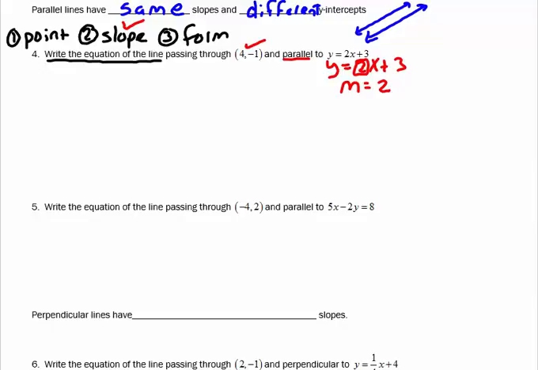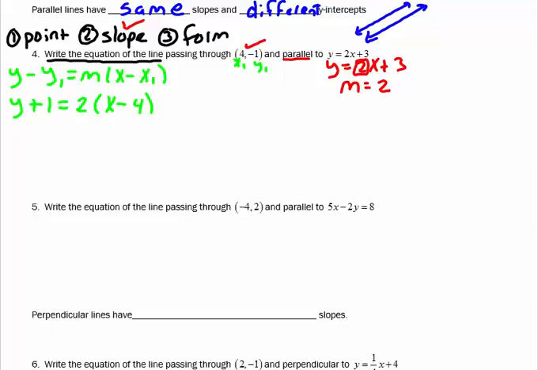And what form do we use? Again, I will start off with point slope. So y minus y1 equals m in parentheses x minus x1. Labeling my 4 as x1 and my negative 1 as y1, I turn out with y plus 1. My slope is 2, parentheses x minus x1, which is 4.